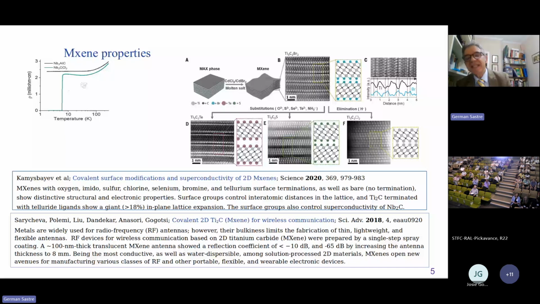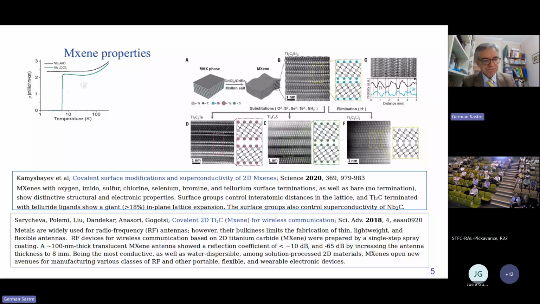And then also depending on which groups we put in the surface, so here in this work, not only oxygens, sulfur, selenium, tellurium, and a few others, depending on what we put in the surface, the superconducting properties change, and they are somehow tunable.